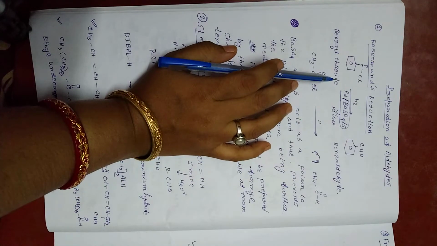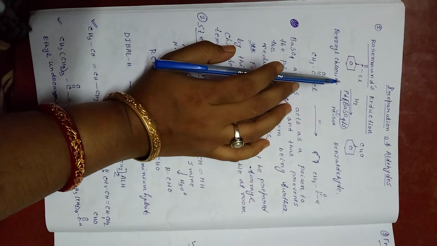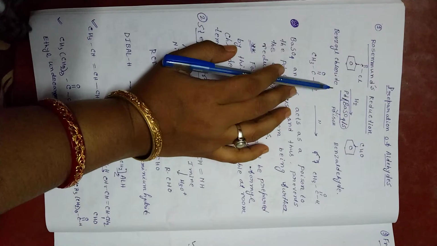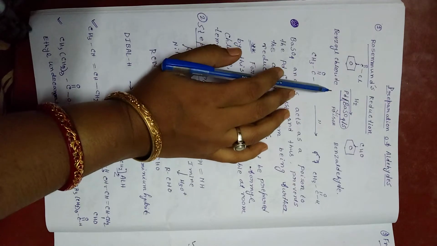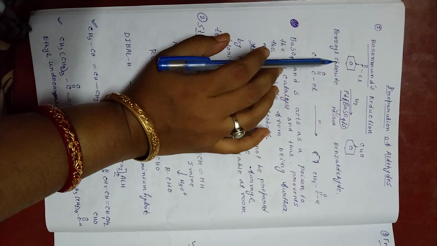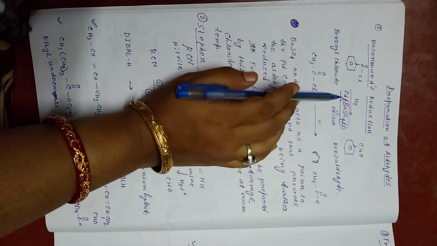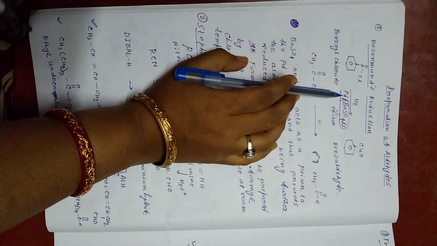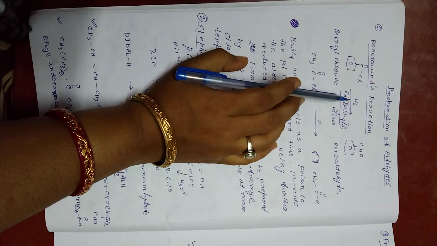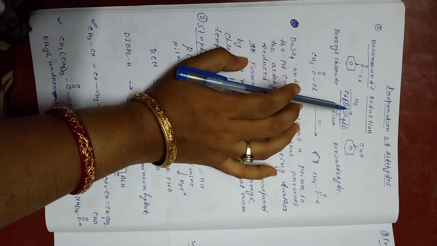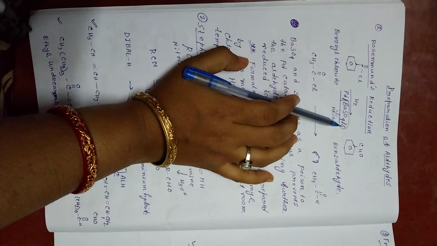In this type of reaction, we take acyl chloride or acid chloride, and this acid chloride is hydrogenated in the presence of palladium catalyst supported over barium sulfate and partially poisoned by the addition of sulfur.